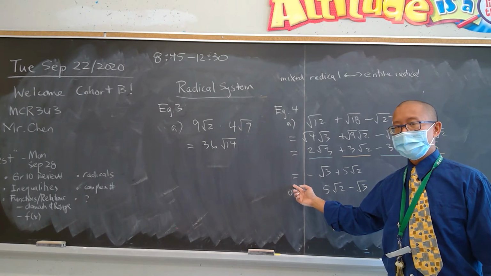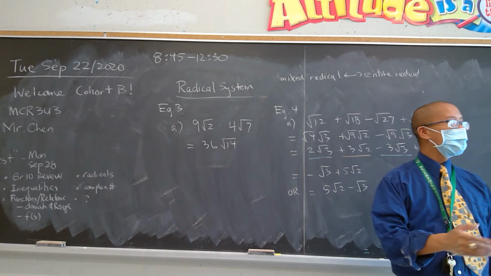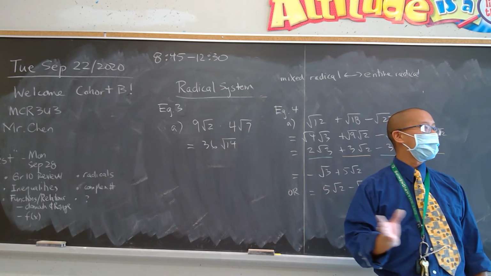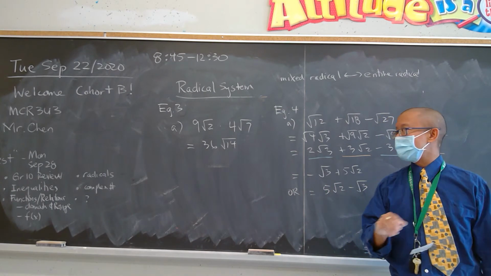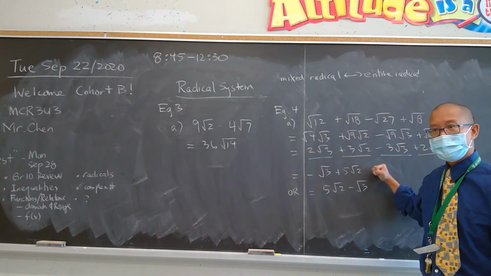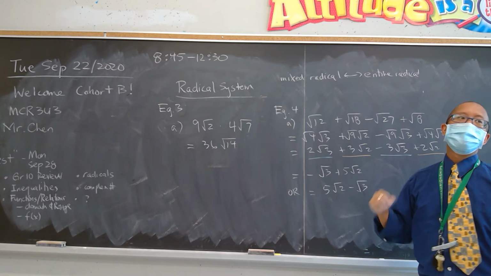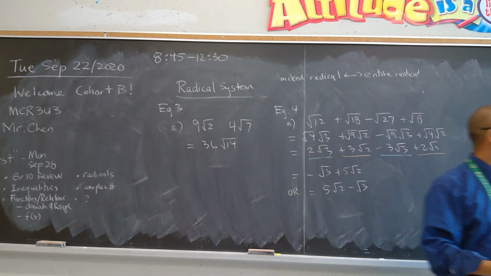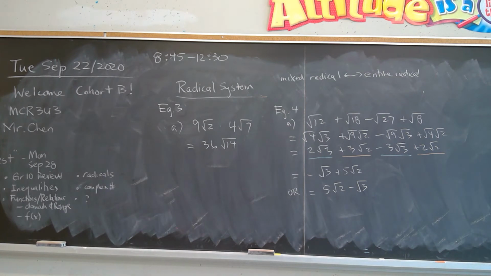Now, technically, ladies and gentlemen, the higher quality calculators, like the Casio, if you enter this in, it'll evaluate to an exact answer, either one of these answers. That's why we do not allow those calculators when you're doing the test. That's why you have to have the Sharp one.